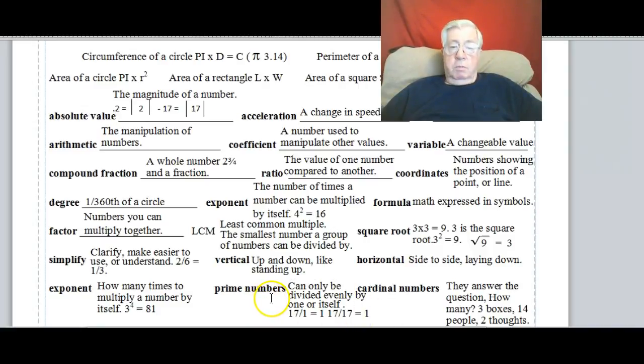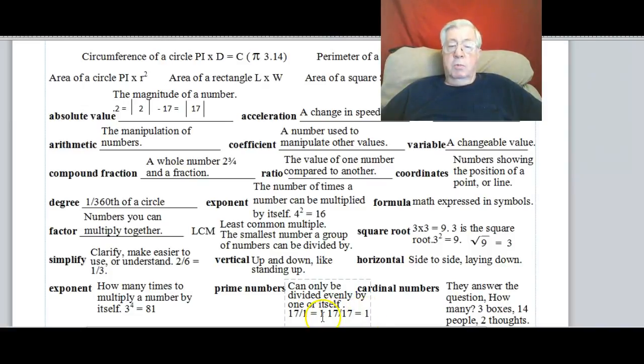Prime numbers. Prime numbers can only be divided evenly by 1 or itself. For example, 17 can be divided by 1 and that gives you 17. 17 can be divided by 17, that gives you 1.